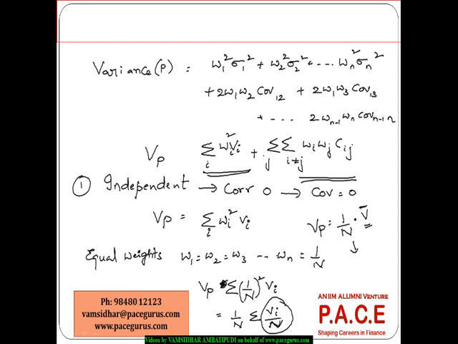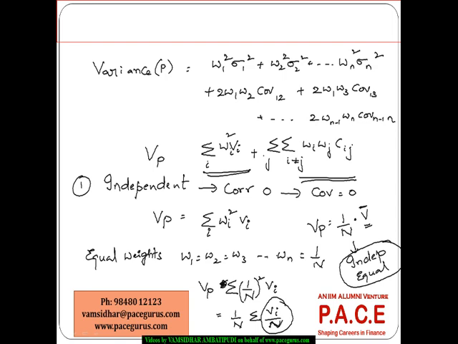When the securities are all independent and the portfolio is equal weighted, or even when the securities are almost independent in an equal weighted portfolio, the variance of that portfolio is closer to 1 by n times the average variance.